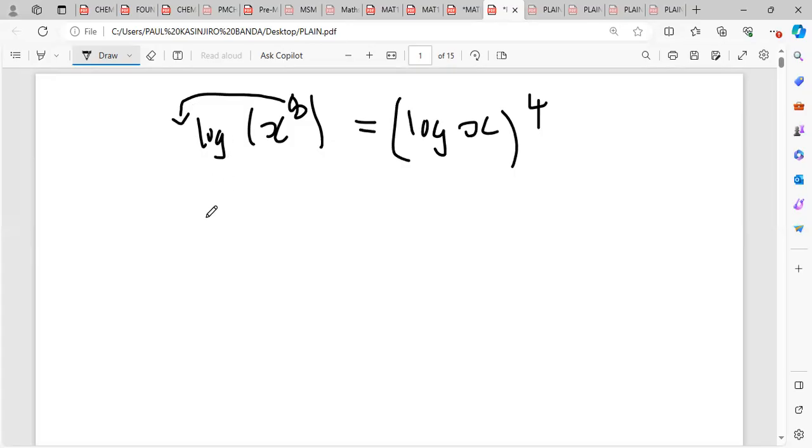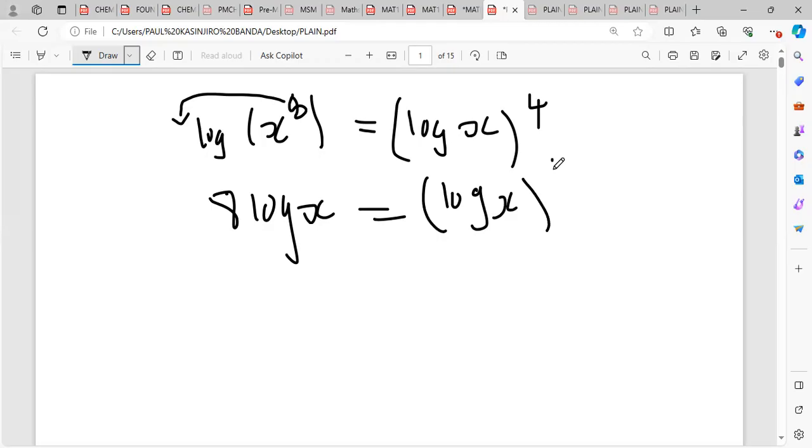So on this side, what do I have? I have 8 log x. I've dropped this power from where it was. Then on the other side, you still have your log x to the power 4.